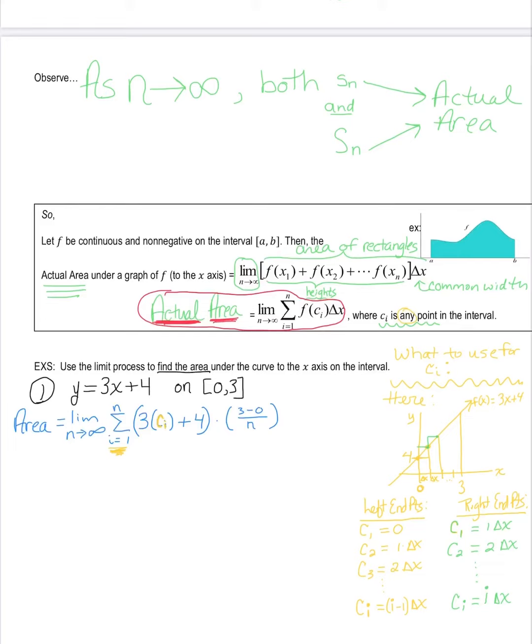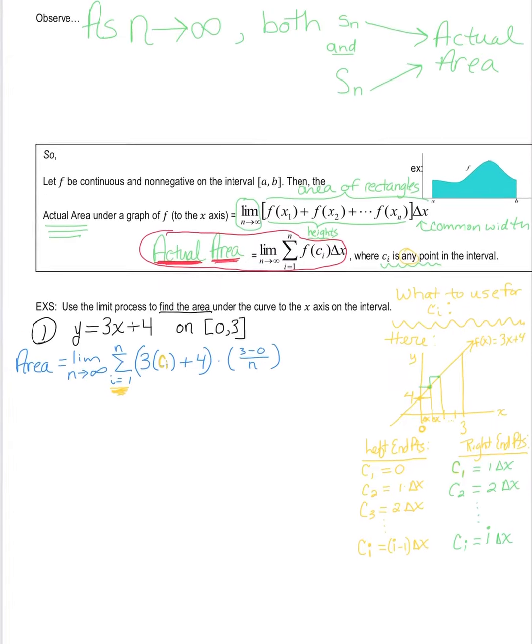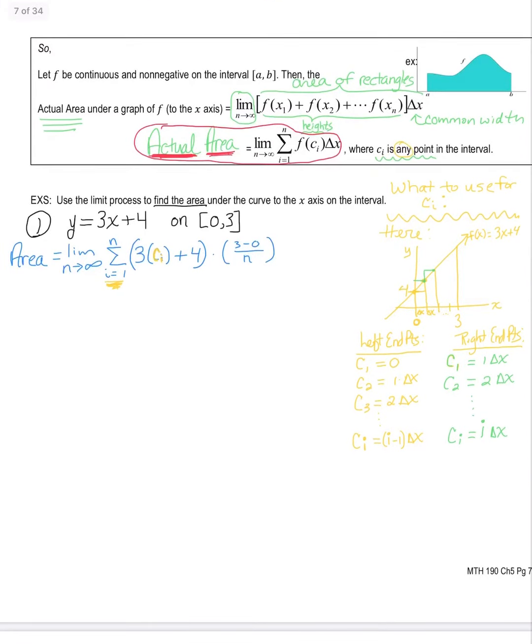So in general, we're going to gravitate towards right endpoints. It's not that it would be wrong to use left, and in fact your homework at times may ask you to think about using the left endpoints, but truthfully, the right endpoints are just a little bit easier in terms of their representation here. So here's what we want to think about.